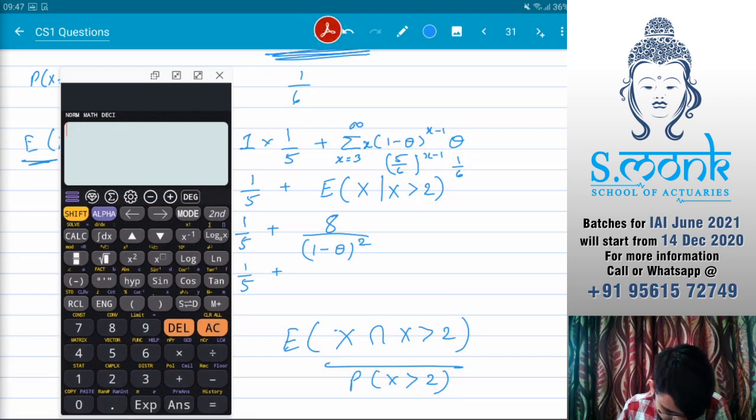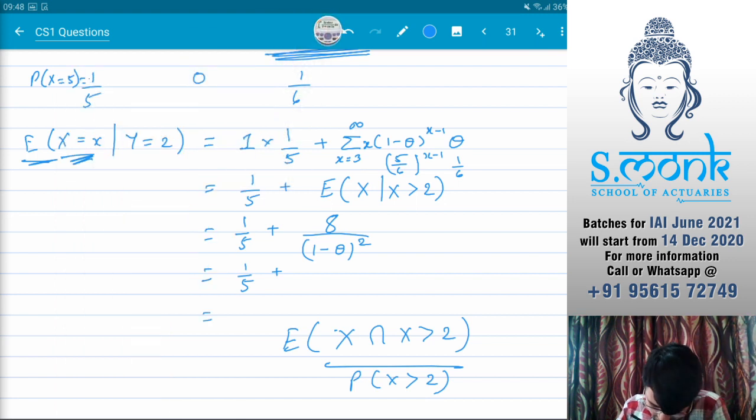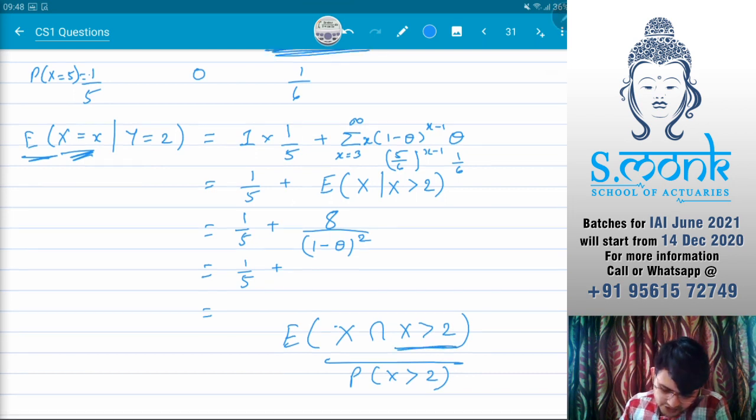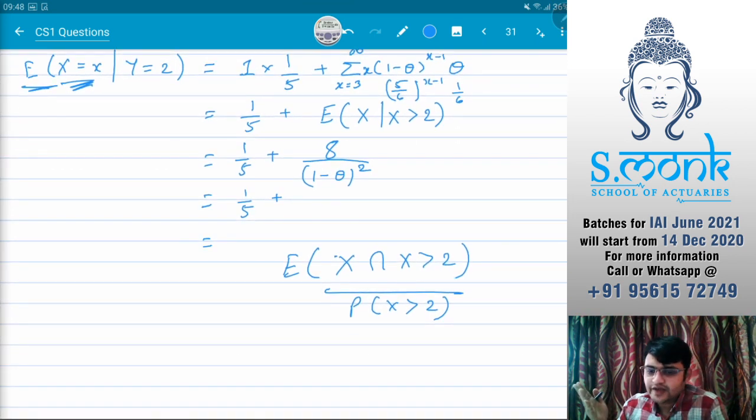Let me check this out. See, because I'm saying that expected value, this is the final step, 0.2, this is 0.2, okay, plus 8 into 0.8.